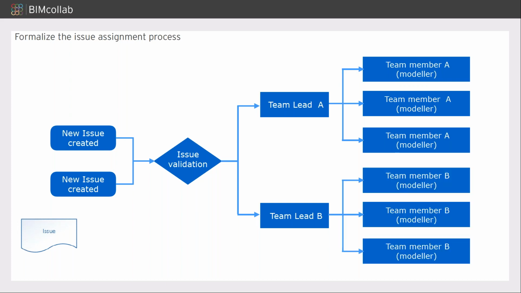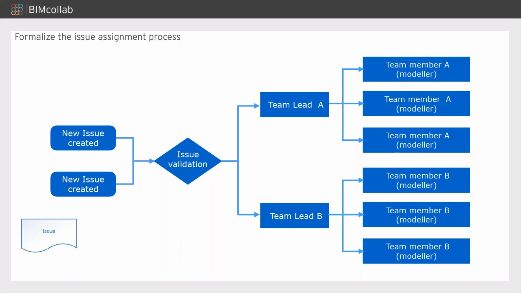So in this case, it's pretty informal, and any issue can be assigned to anyone in the project. If you have complex and large projects containing a lot of stakeholders, this can be quite a long list, and it can be confusing for some of the team members to know to whom to assign issues. And yeah, that can lead to issues being assigned to the wrong people and creates delays and confusion, of course.